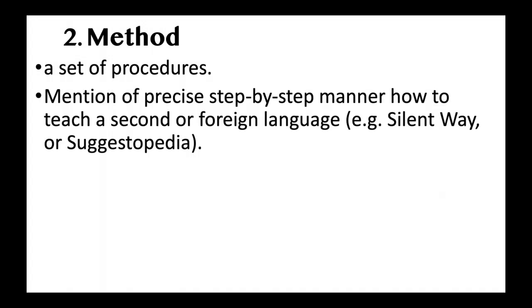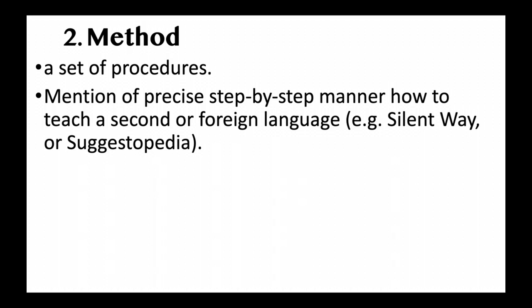All right, and then the next term that we're going to look at is method, and it's a collection of steps on how to teach. All right, it's a set of procedures, and there are certain methods that give us precisely the step-by-step. It's like a cookie cutter.